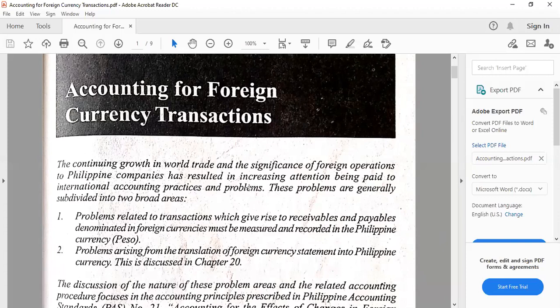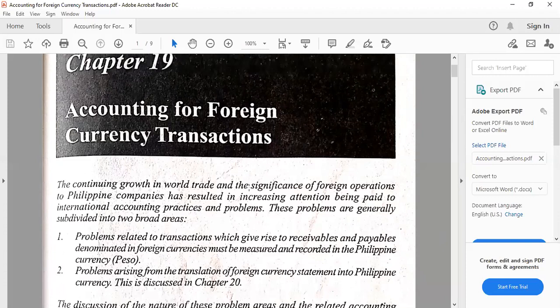Now, it is normal for a company to grow and enter into imports and exports: purchase of goods from abroad and sale of goods to other countries, respectively.